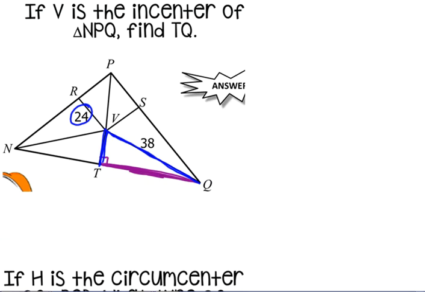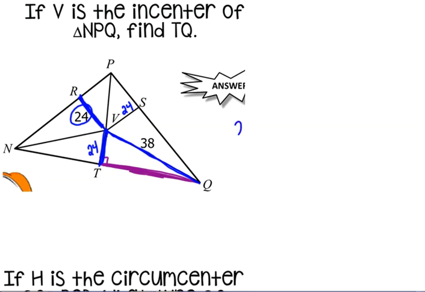We need to use that 24. If the in-center is equidistant from each side, that 24 is the distance from the in-center to that side, so it's the same distance from the center to this side. And we don't need it, but just to drive that thought home, VS is also 24.